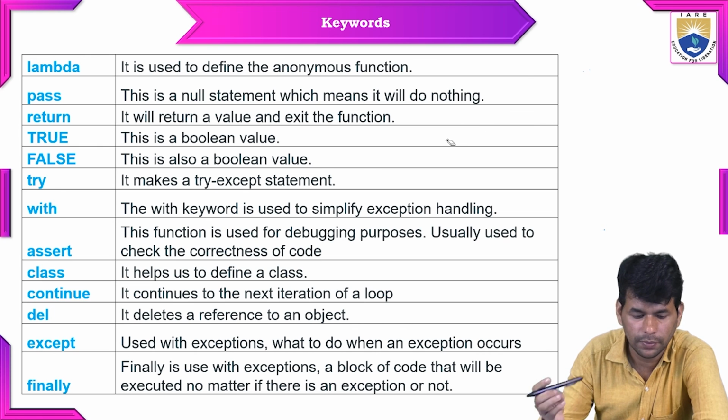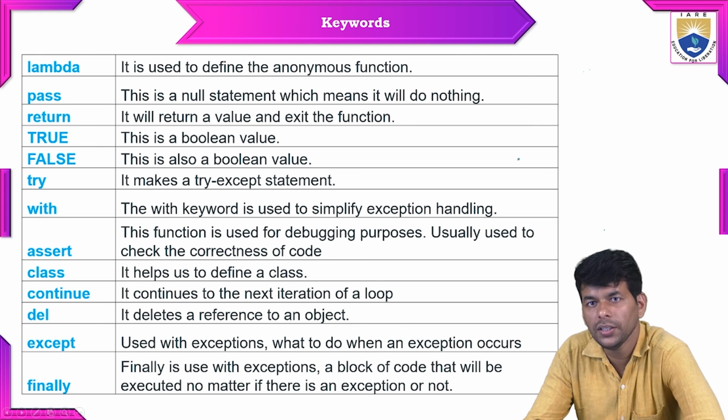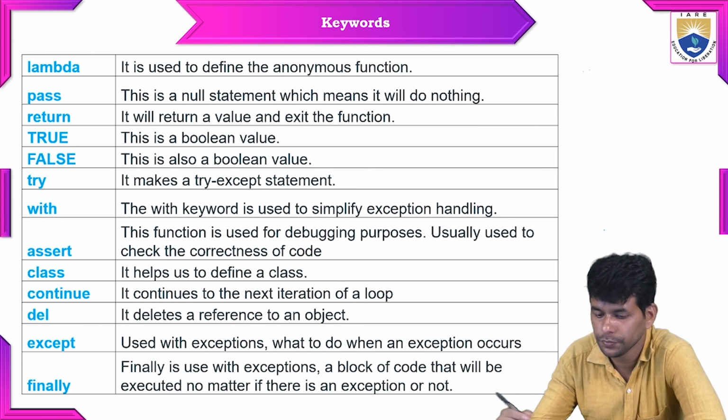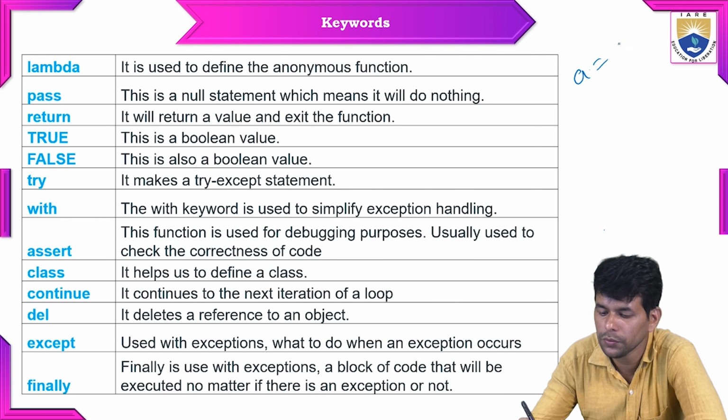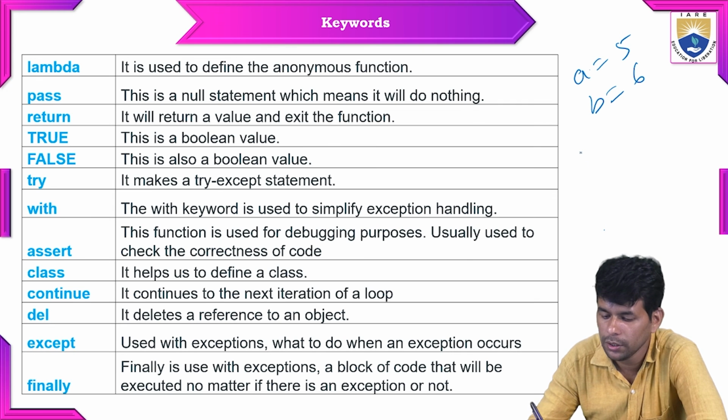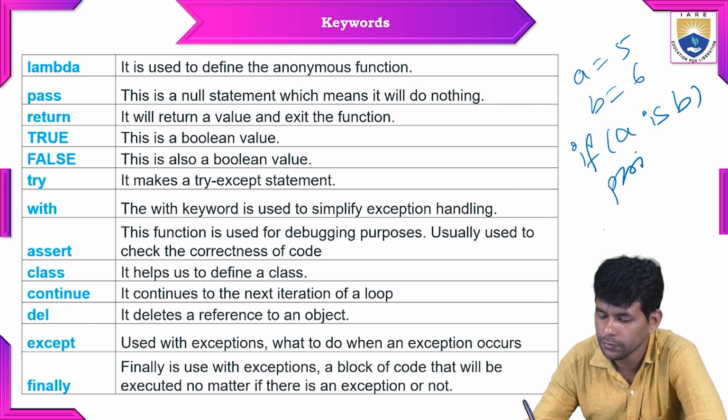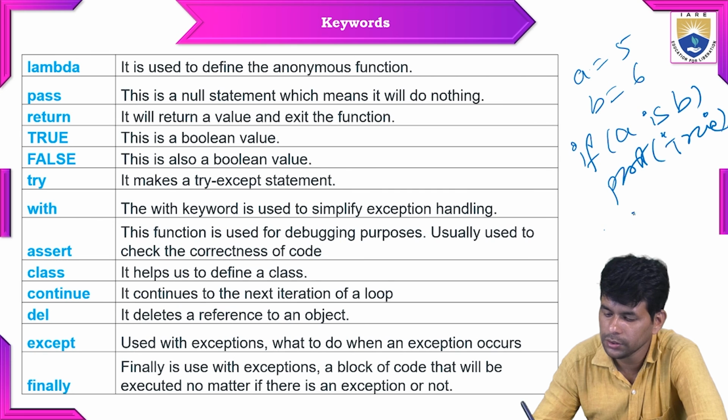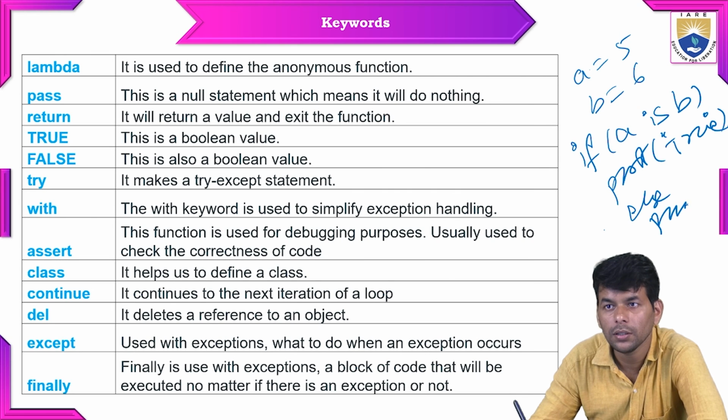The next one is the false keyword. What is this false keyword? Suppose a equal to 5, b equal to 6. If a is b, then print true, else print false.